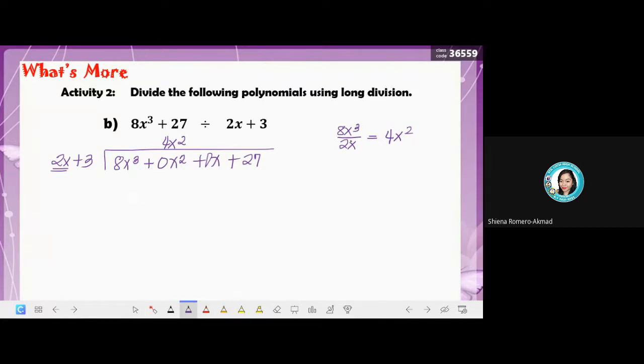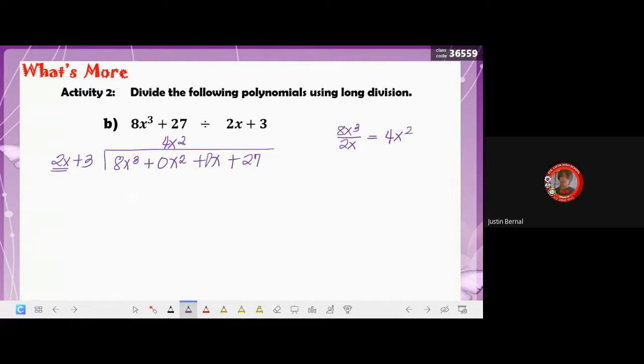So, we have 8x cubed divided by 2x. So, 8 divided by 2 is 4. And we have here the exponent of x, 3 minus 1, 2. So, 4x squared. So, multiply natin siya. Nakikita niyo ba sa screen ninyo? Opo.